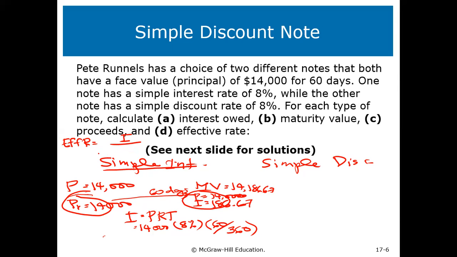So mawawala dito yung R kasi yun yung sinusolve natin. Yung P na lang times the time. But the P here will be the proceeds, P sub R. So P sub R to, no? The proceeds.